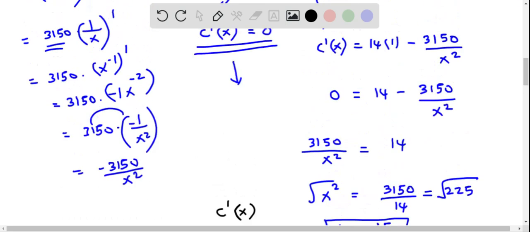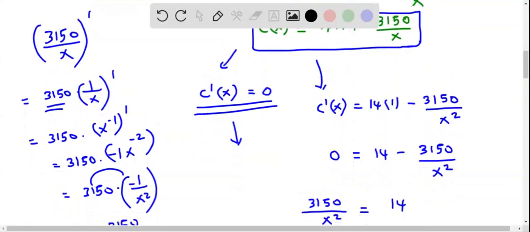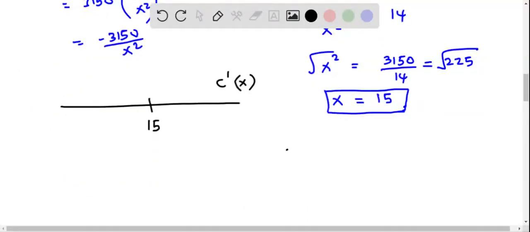Now let me copy the derivative function, which is 14 minus 3150 over x squared. So C prime of x equals 14 minus 3150 over x squared.